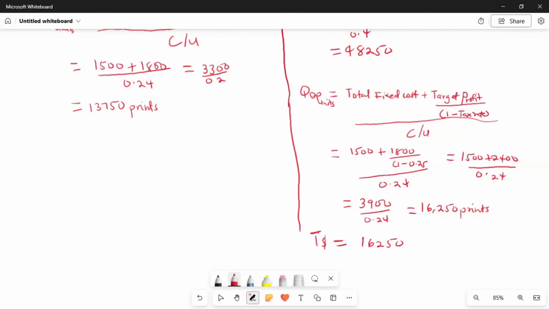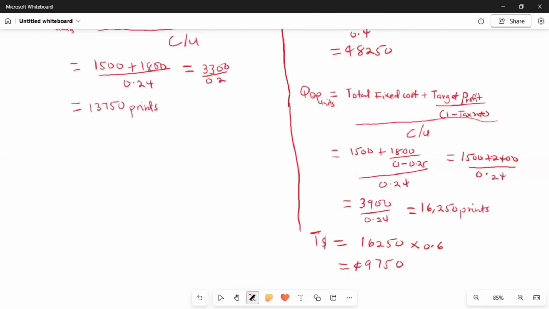You take 16,250, then you multiply by the selling price per unit, which is 0.6. So when you multiply this, you are going to get 9,750 Ghana cedis. So that is it.